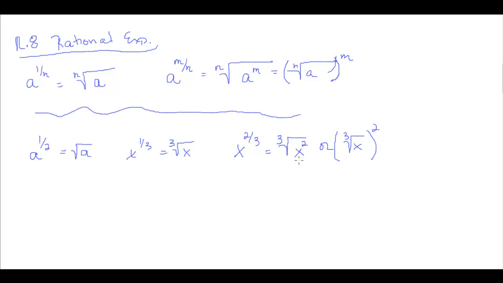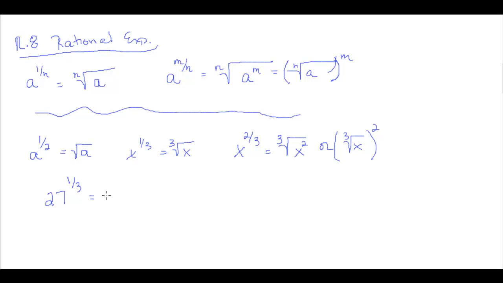Again, I can take x to the 2nd power and then apply the cube root, or take the cube root of x and then square it. Either way, it'll work out the same. So let's say we have something like 27 to the 1/3 power.